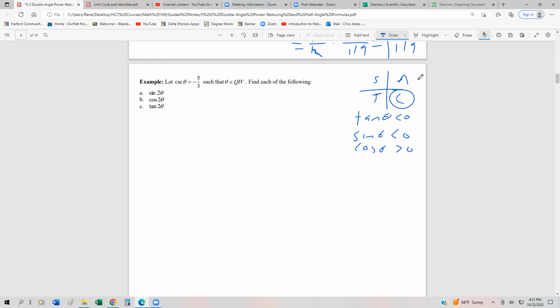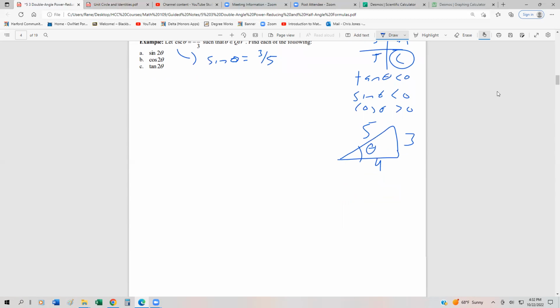Now let's also go ahead and construct a triangle out of this. So let's call this theta. Now remember, cosecant, we can take the reciprocal of that, and we could say that the sine of theta is going to be equal to 3/5. So that's going to be opposite over hypotenuse. And we know that's going to be a 3, 4, 5 right triangle. But just in case we don't know it's going to be 4, we can use our Pythagorean theorem.